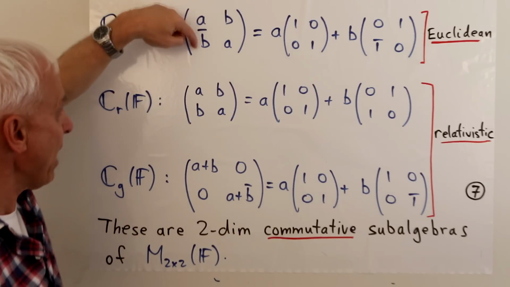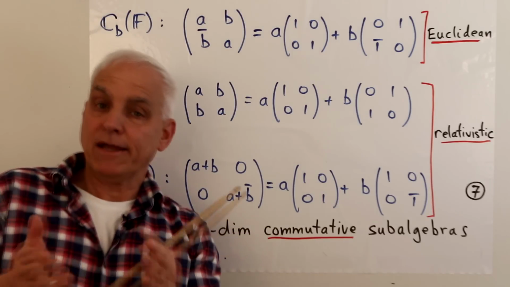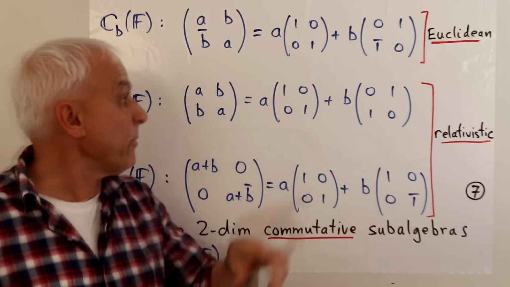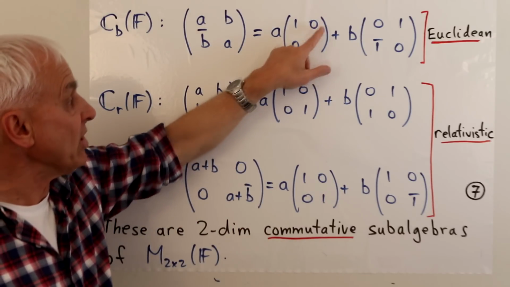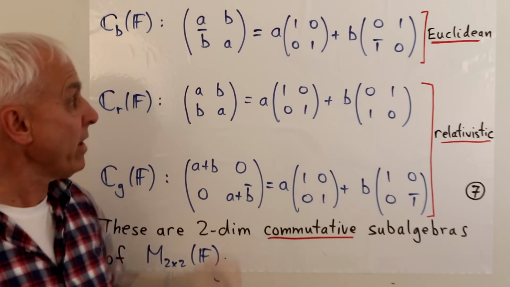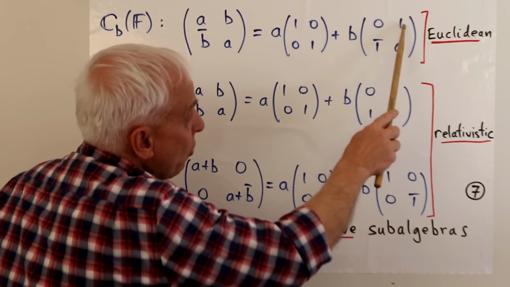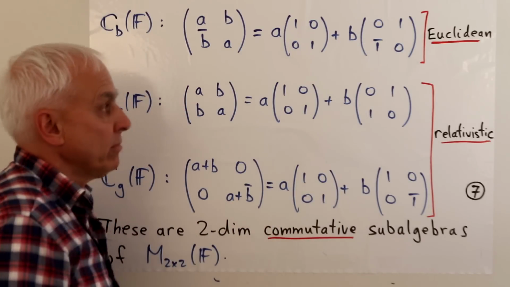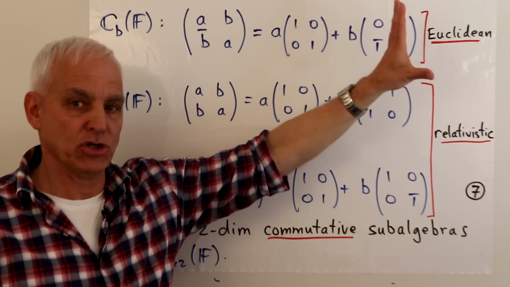And using a bit of matrix arithmetic, the way we multiply a matrix by a scalar, this can be written as A times the identity matrix, 1, 0, 0, 1, plus B times this matrix 0, 1, minus 1, 0. So that's the Euclidean version.